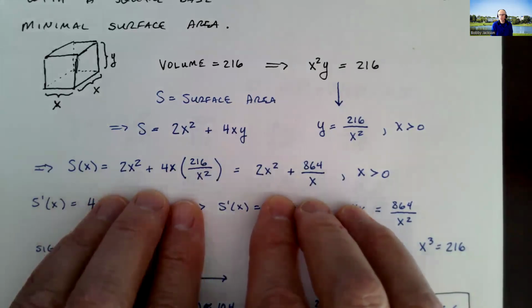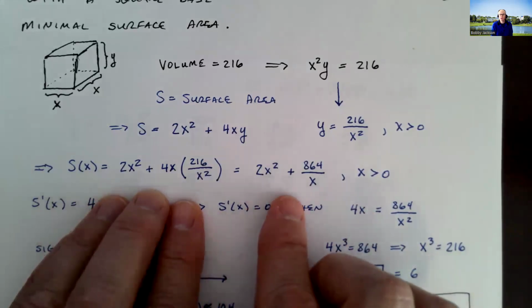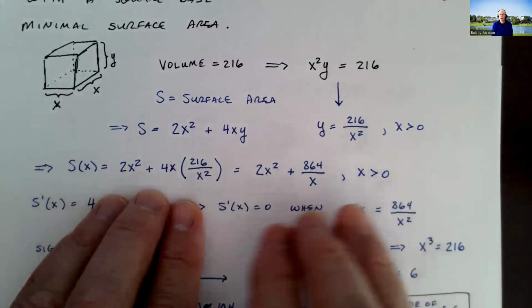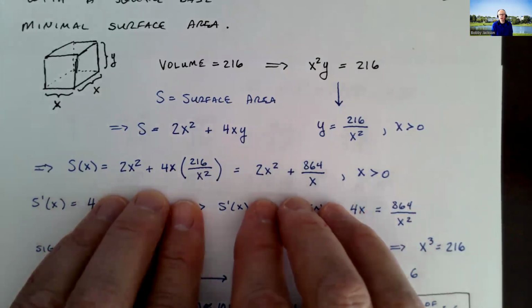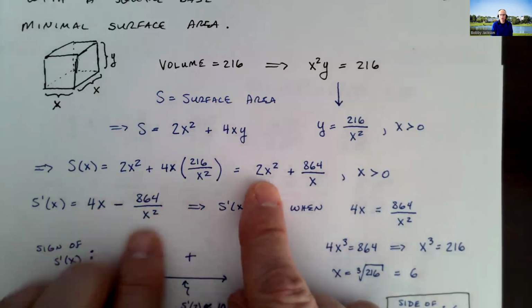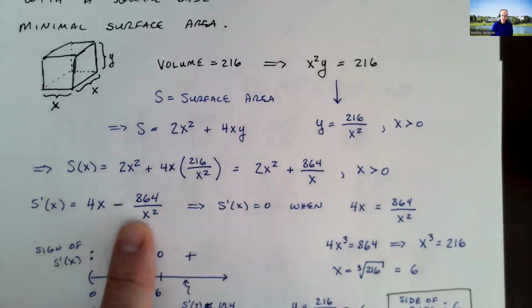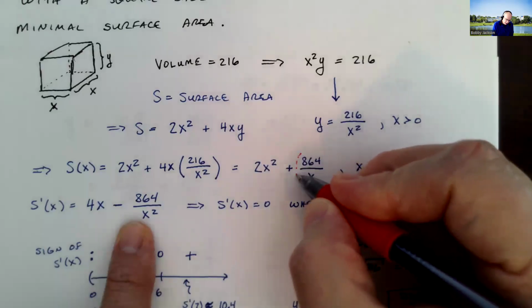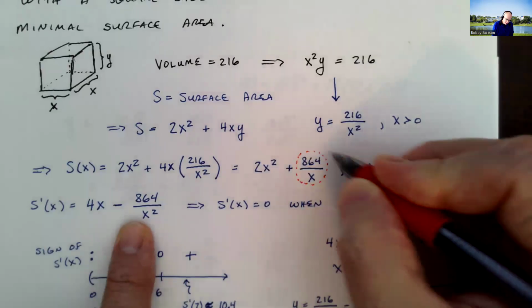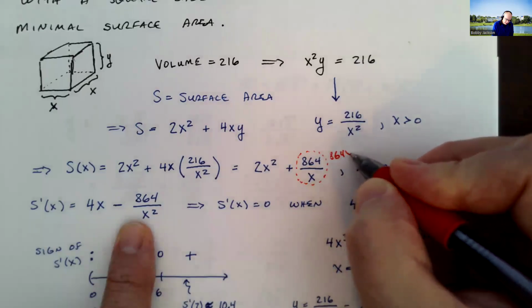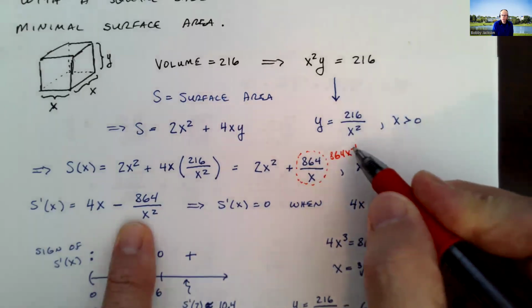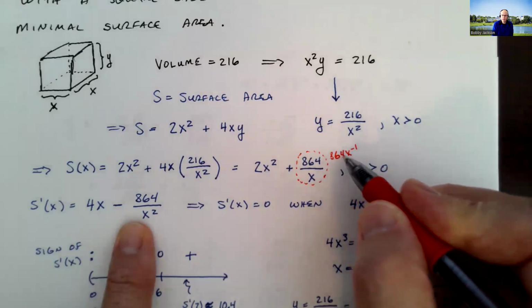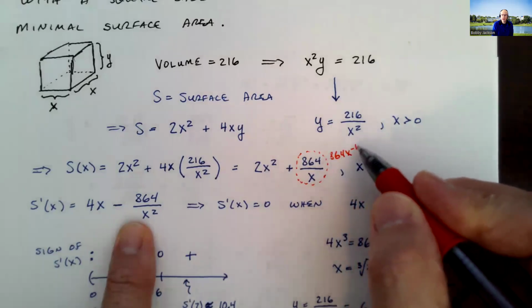How do we do that? Well, I'm going to find the critical values for this function on this interval, and then do a sign check of my derivative to confirm that I have a minimum. All right, derivative of 2x squared is 4x, and 864 divided by x, remember that is the same thing as 864 times x to the negative 1. So the derivative would be, bring the negative 1 down, I get negative 864 x to the negative 2 power.